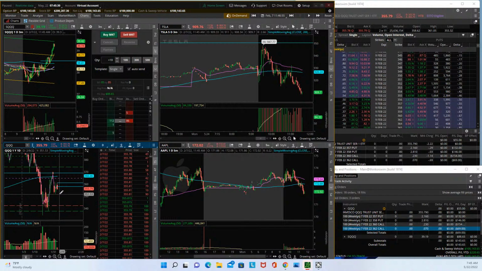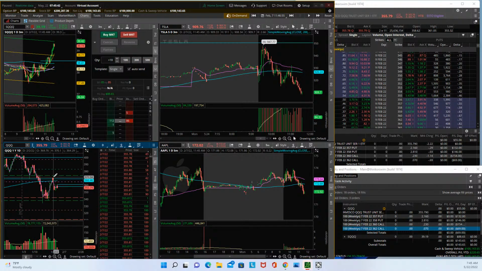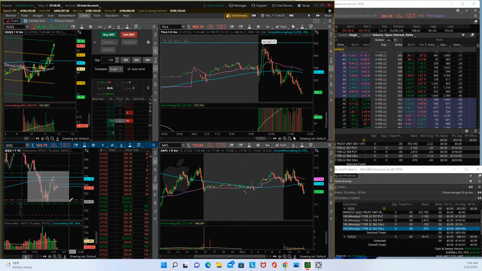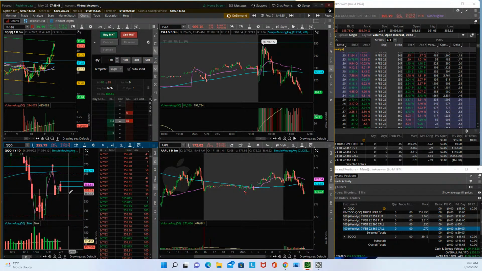If you want to hold this 352, 351 area, we want to break above, and that's going to be hard to do. There are all of these levels here that we want to keep above. But for the past few days, we've been a little bit bullish, right?